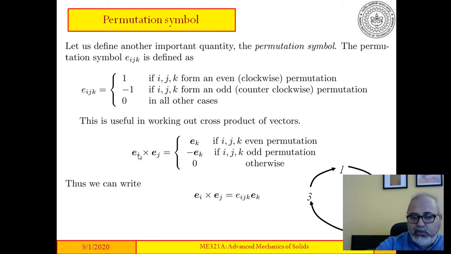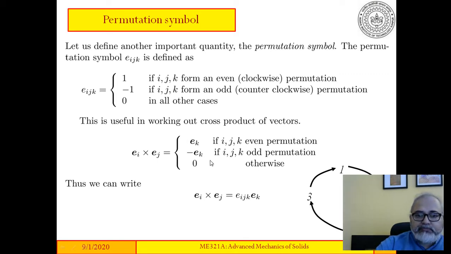If I take e2 cross e1 in a right-handed system, I will get minus e3. So this is a general rule for cross products between the base vectors that is always valid. If I take the cross product between the same vectors, I get 0. If I take a clockwise permutation, I get plus. If I take it anti-clockwise, I get a negative number.